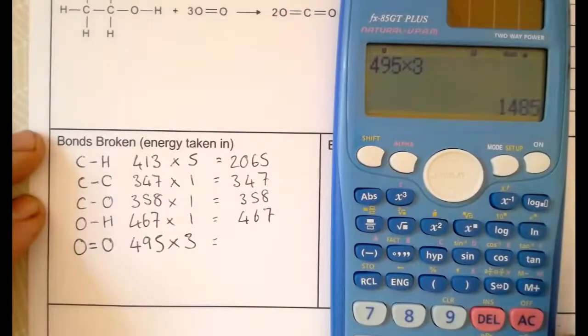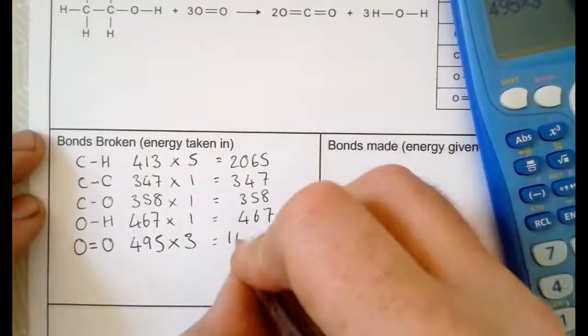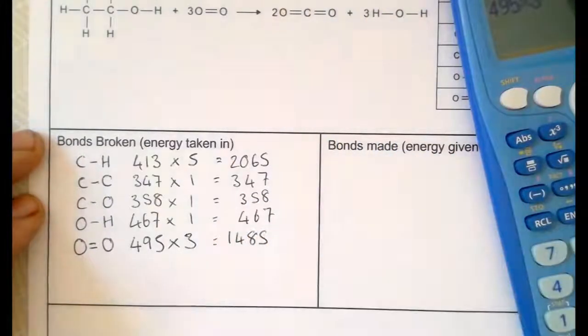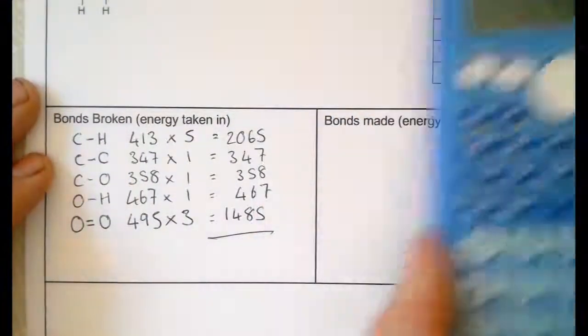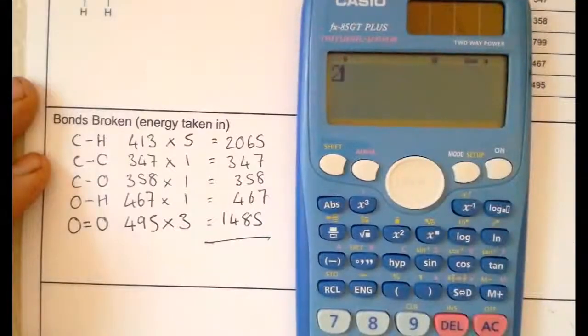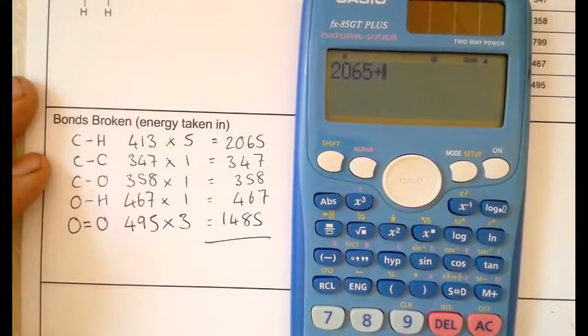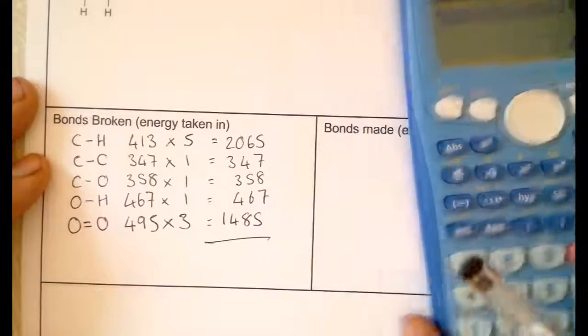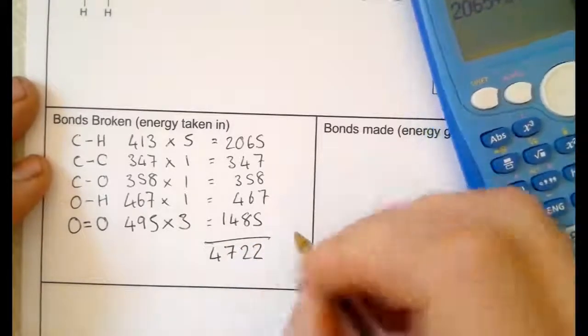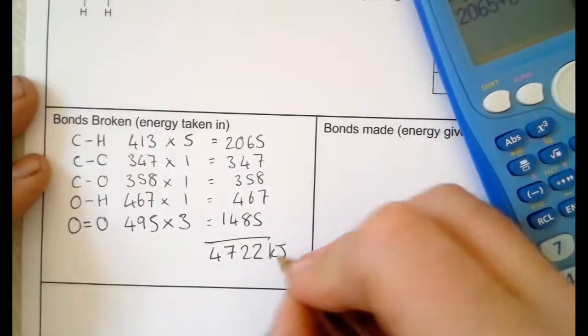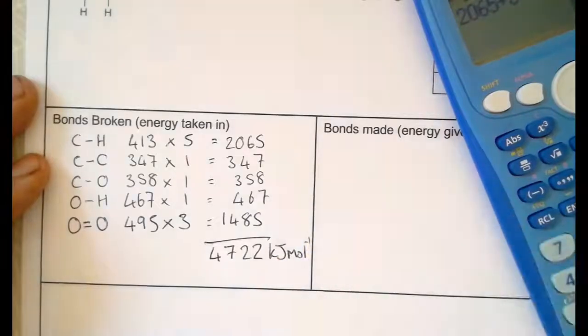That gives us 1485. The last thing we need to do is add all these values together. So I had 2065 plus 347 plus 358 plus 467 plus 1485 gives me 4722, and that's kilojoules per mole.